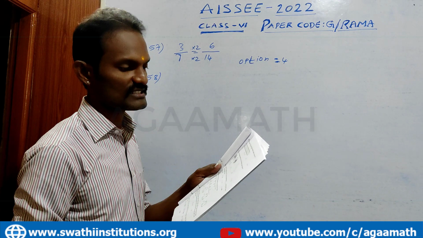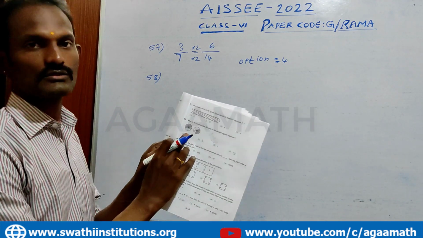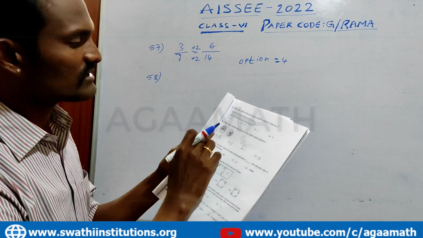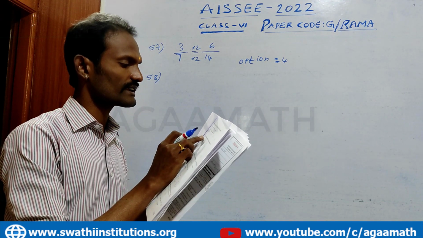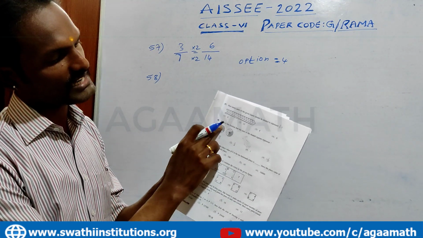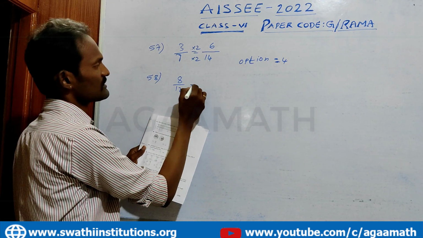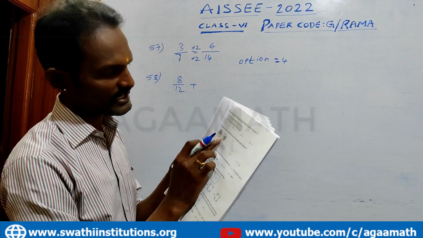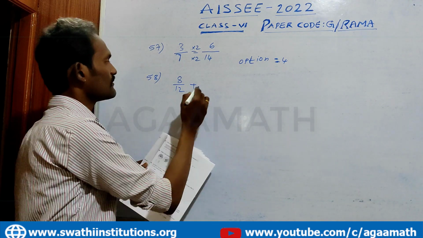What is the fraction that the sum of the shaded regions represent? If you look at the 2 circles here, one circle is like 1, 2, 3, 4, 5, 6, 7, 8, 9, 10, 11, 12. So out of 12, 8 are shaded in the first part. So that is 8/12, plus in the next, out of 12, 5 are shaded.